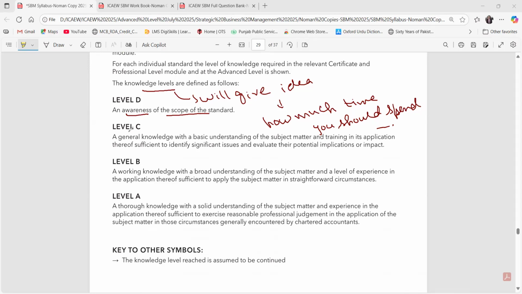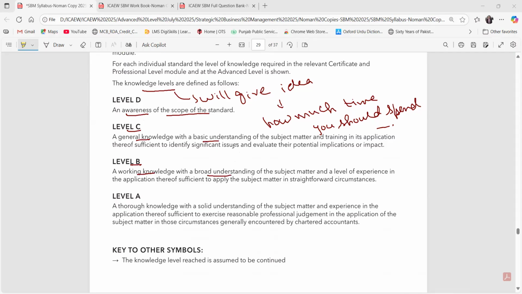Coming forward, level C is the next level. In level C, you need a basic knowledge, a basic understanding about your topic, either a reporting topic or one belonging to finance or strategy or any other area. So level C is a little bit of an upgrade of level D. Level B is a comprehensive knowledge, a working knowledge with a broader understanding.